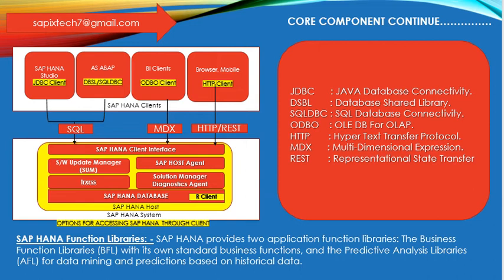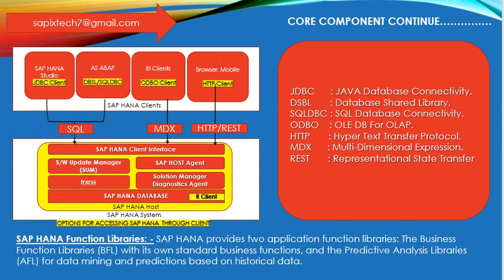There are two types of connection required. First, we have to connect our HANA Studio with the application server. This is based on Java development, and Java database connectivity comes into the picture.